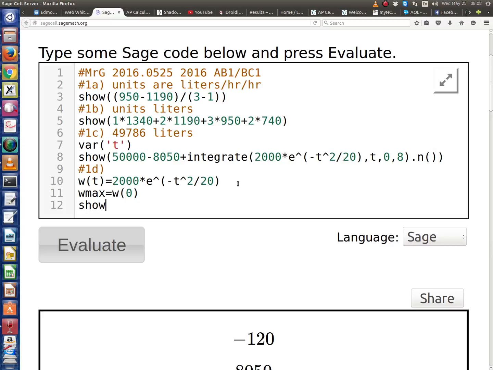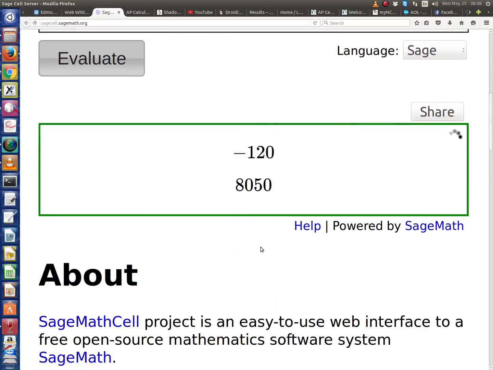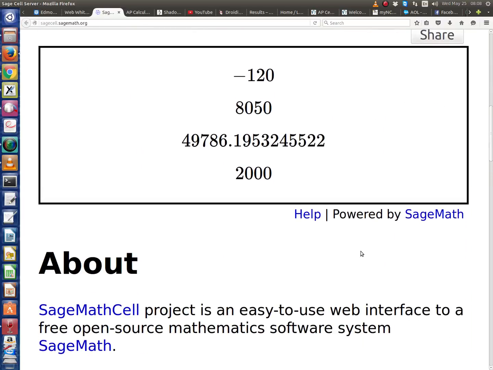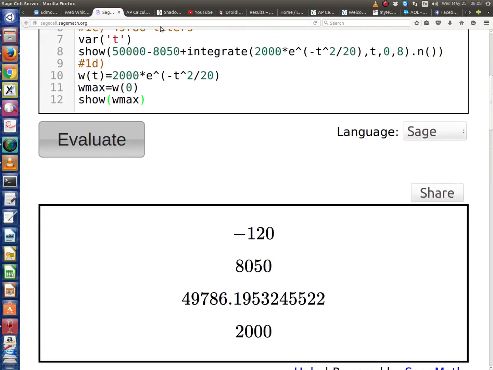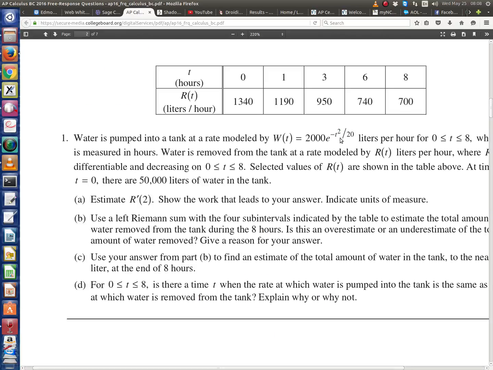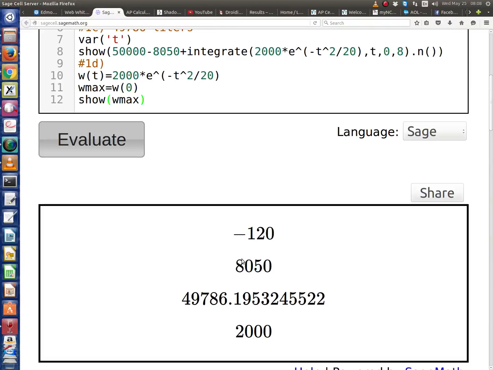And let's show it. So what is W max? It is 2,000. Did you need the calculator or the computer for that? If you plug in 0 for t, you get an exponent of 0. E to the 0 is 1, times 2,000, is 2,000, right? Okay, so boom.